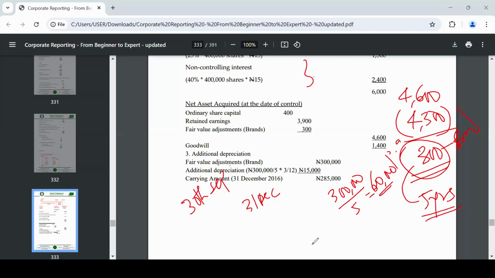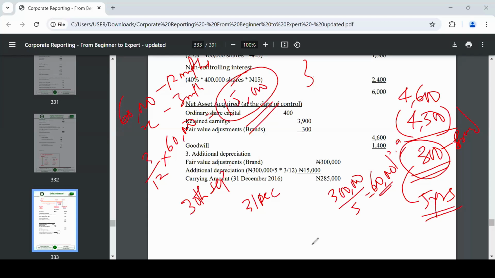So if 60,000 is yearly, that will be for 12 months. 3 months now will be 3/12 times 60,000. Meaning that in my statement of profit or loss, I am going to add this as part of the amortization or depreciation. And that will be 15,000.